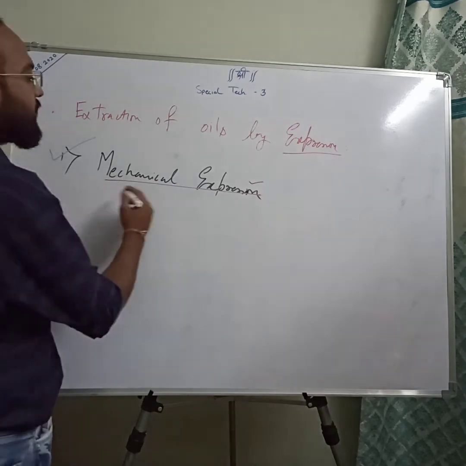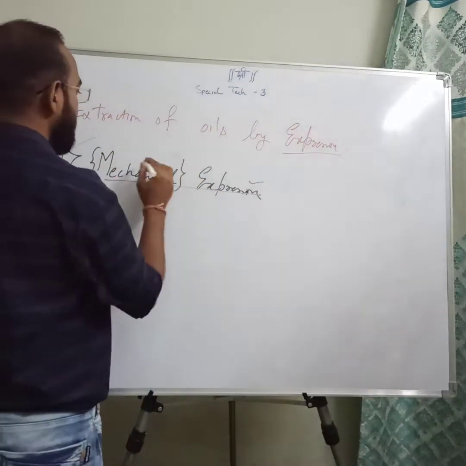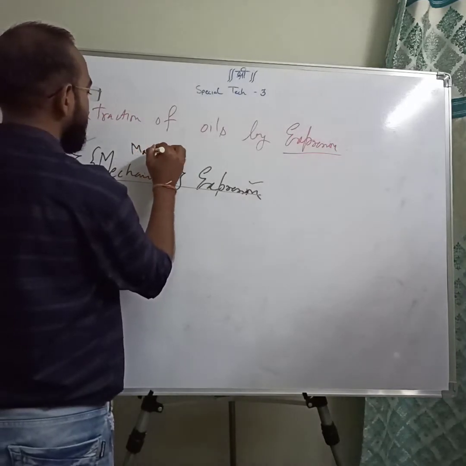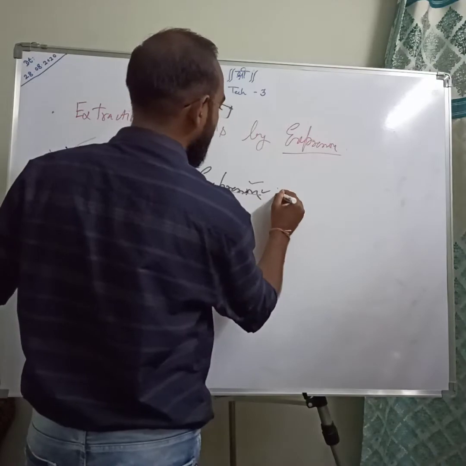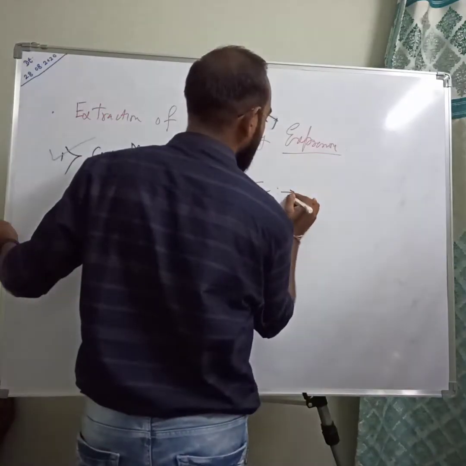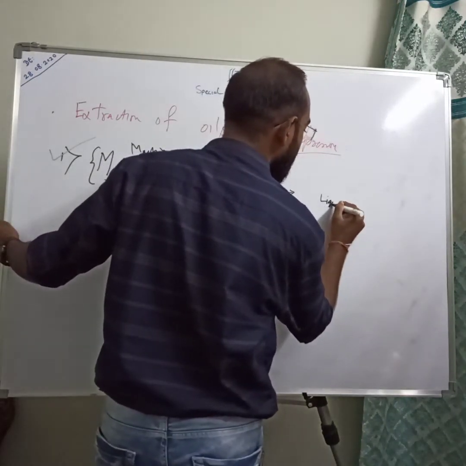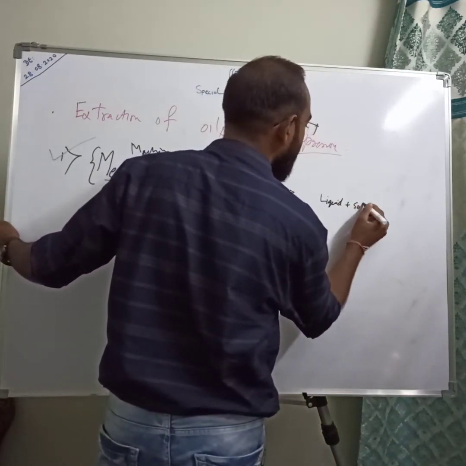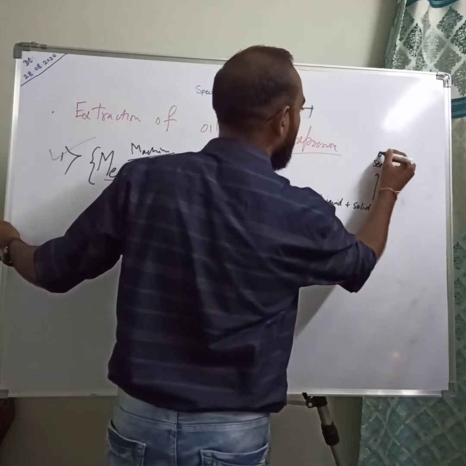Mechanical expression, everyone is aware, means by use of some machine. Then what is expression? Expression is defined as the process in which there are two systems, a system of liquid and solid. Take an example of an oil seed.